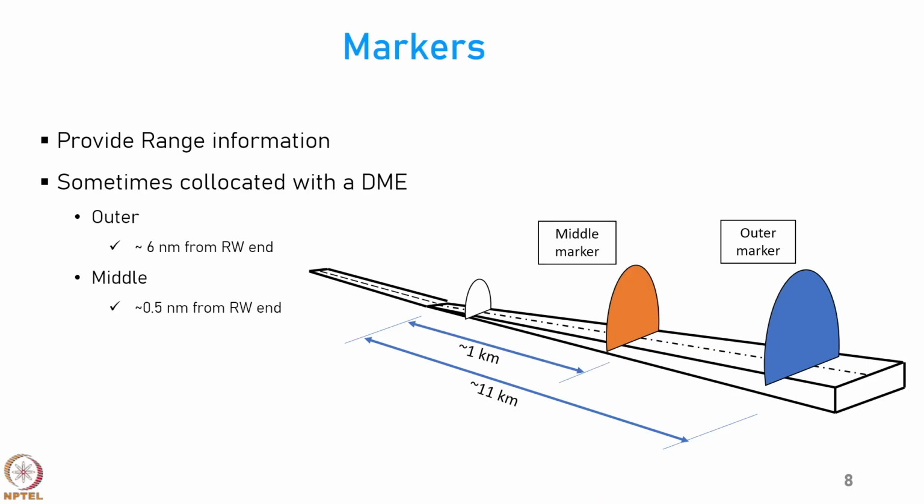The middle marker is located approximately half nautical mile or 1 kilometer from the runway end, and the inner marker, which sometimes is omitted, is 60 meters from the runway end or about 100 feet.